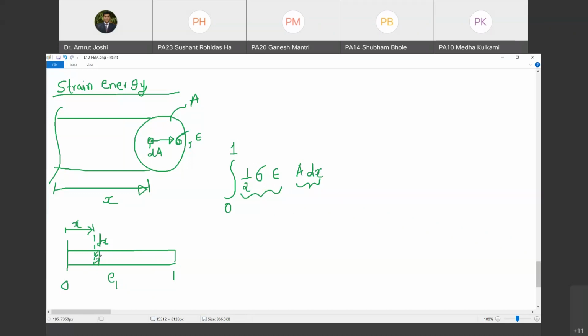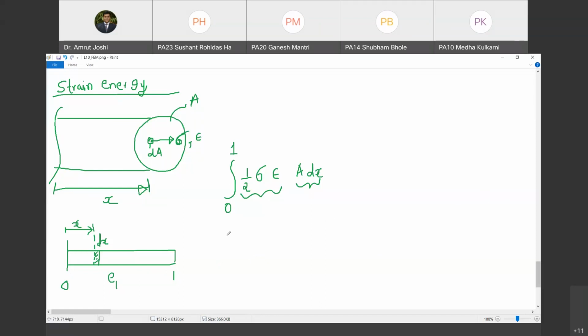So the strain energy stored in this small volume is half sigma into epsilon into A into dx. If I integrate it from x equal to 0 to 1, I get strain energy stored in element number 1. Do you agree with me? Type your response in chat box. Sushant, Parshuram, Viraj, Akshita, Bharat, I am waiting for your responses.